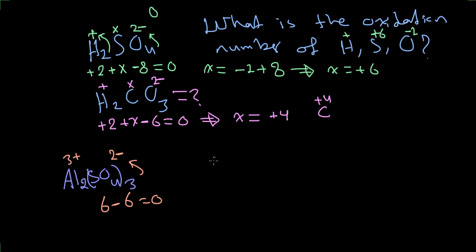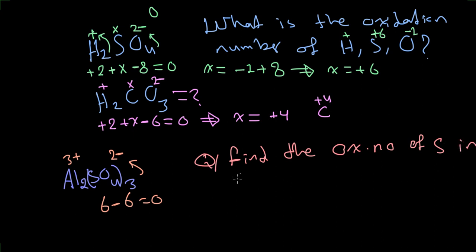One more question, guys. Find the oxidation number of sulfur in sulfate. The answer: sulfur is X, oxygen is -2, and the charge of sulfate is -2.